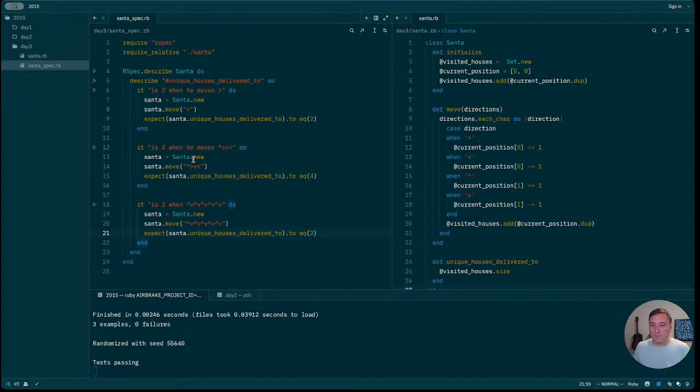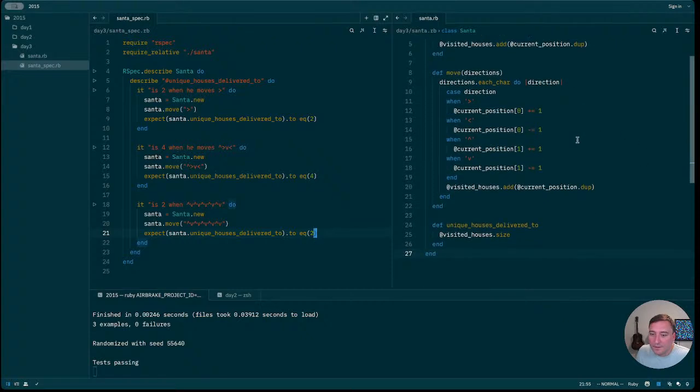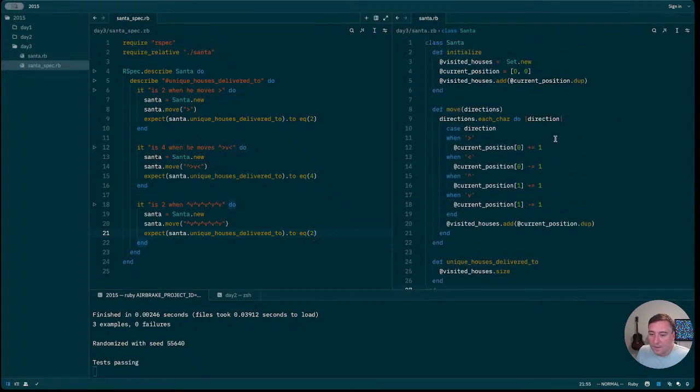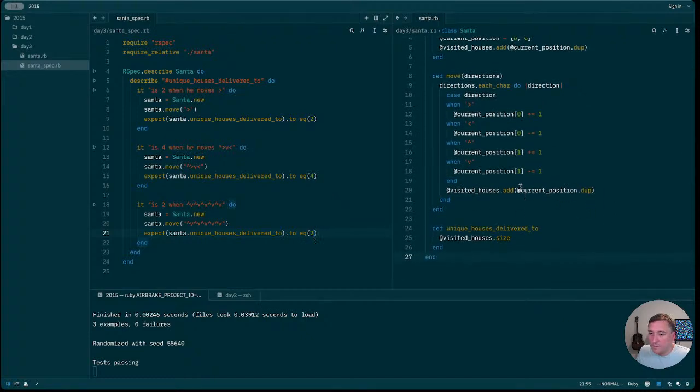And now we've got move directions, current position, visited houses as a set. It keeps the position. That's cool. It used a 2-dimensional array for that. Adds the current position to the set and counts the visited houses dot size. Cool.